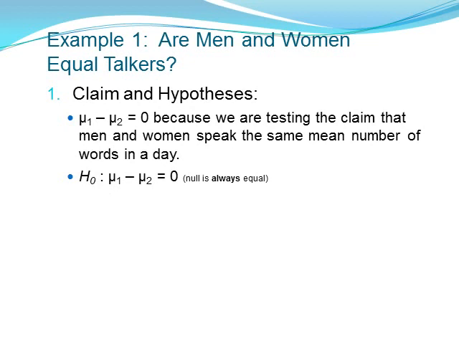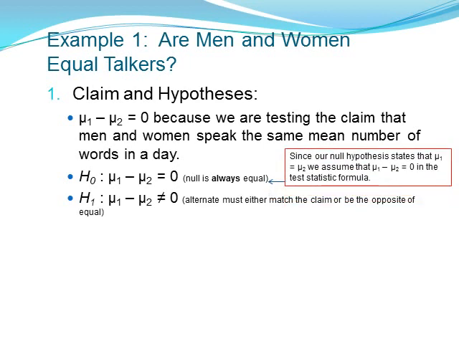So now let's proceed with setting up the claim and hypotheses for this example. The first step is to set up the claim, and since we're testing a claim that the men and women speak the same mean number of words in a day, we have mu sub 1 minus mu sub 2 is equal to 0. The null hypothesis is always equal, so this is going to say that mu sub 1 minus mu sub 2 equals 0 like our claim does.